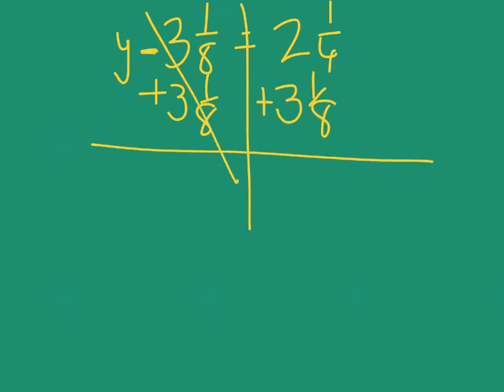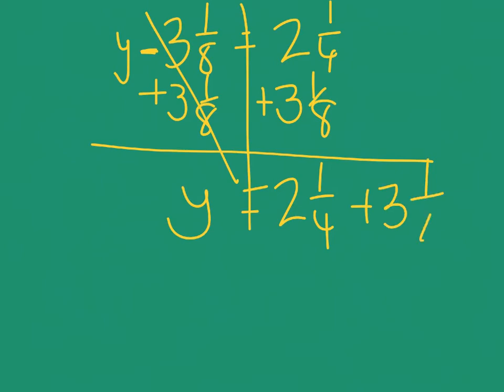When those cancel each other out, we're left with y equals 2 1/4 plus 3 1/8. Again, we need a common denominator in order to add these fractions. I think it's easier to just make them improper fractions because you're going to end up having to do that anyways on your EOG.